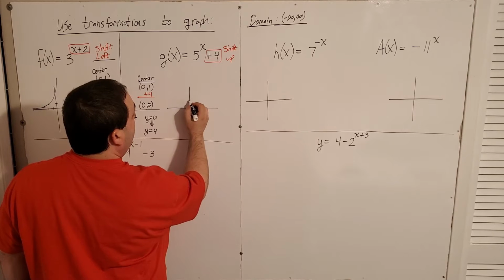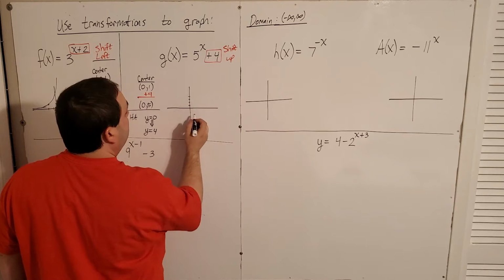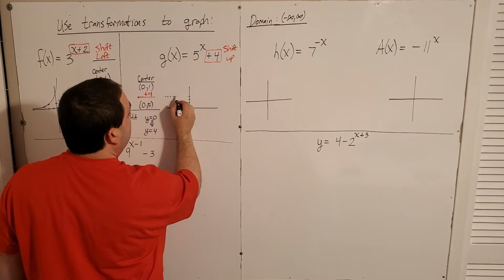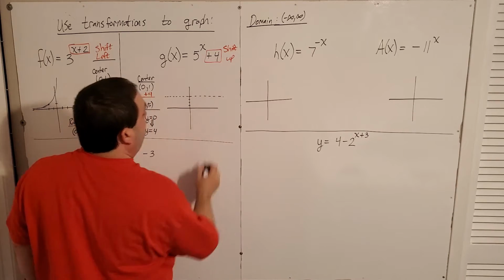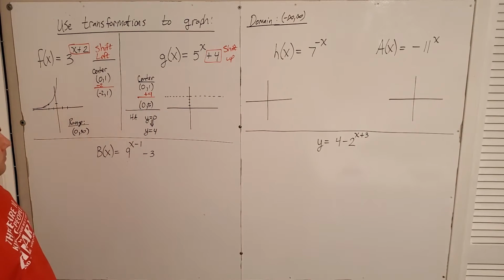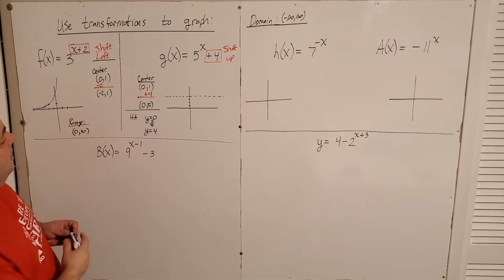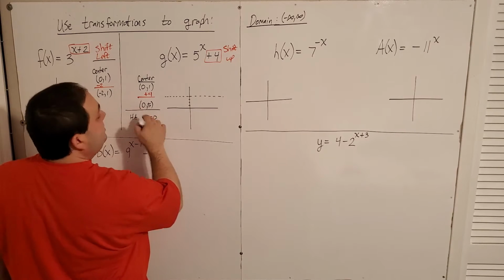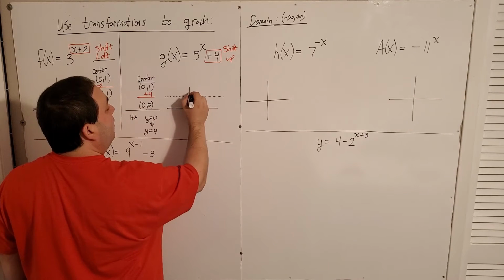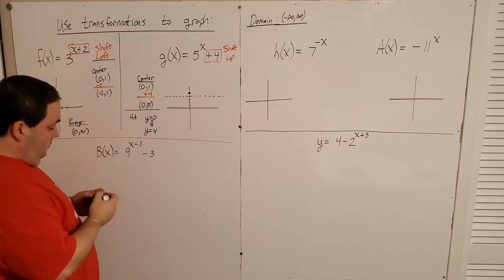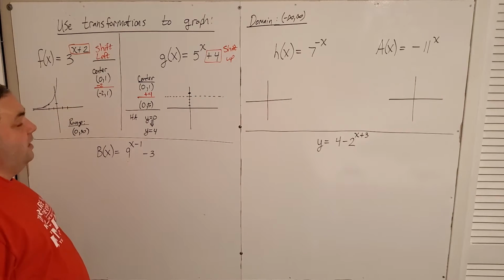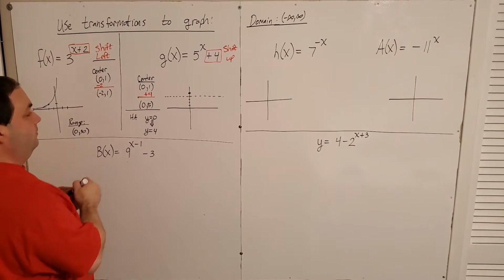I go up 4. I put a horizontal asymptote there. And then my center point, which in this case is 0, 5, right? It's going to be right here. And then I draw my graph from there.